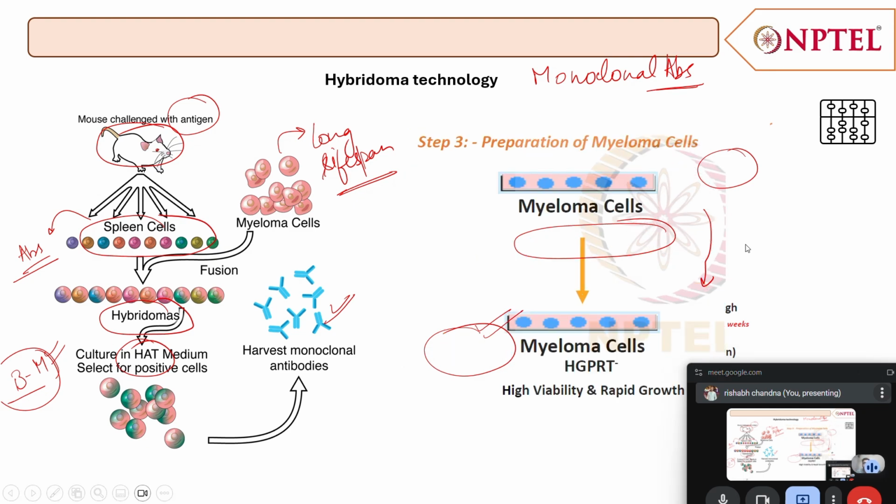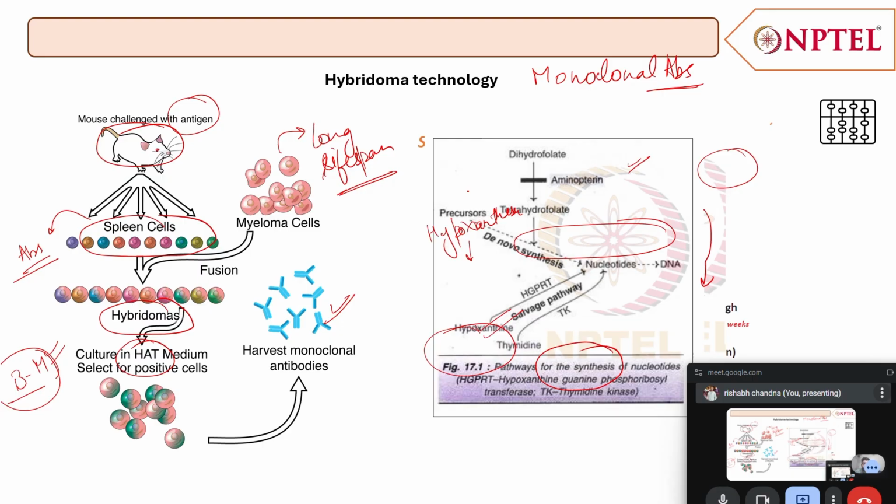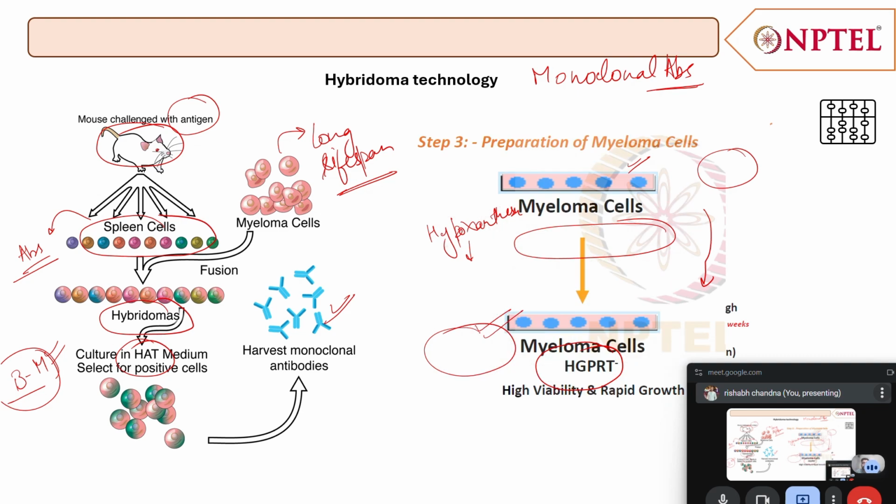Moving on to the third step, that is the preparation of the myeloma cells. The myeloma cells are cancerous cells that don't have the enzyme HGPRT. HGPRT is an enzyme that converts hypoxanthine to the nucleotides.